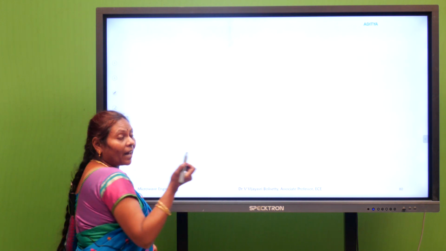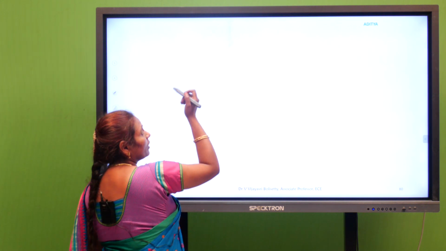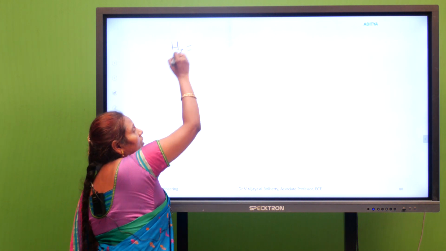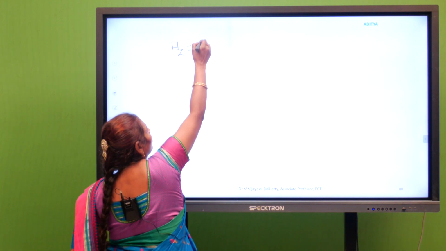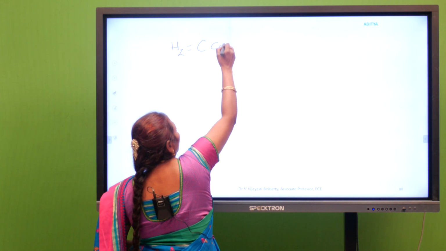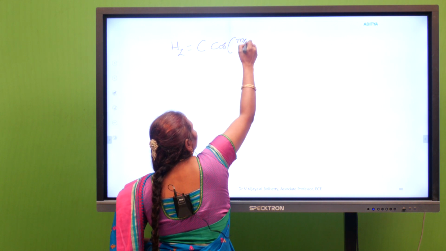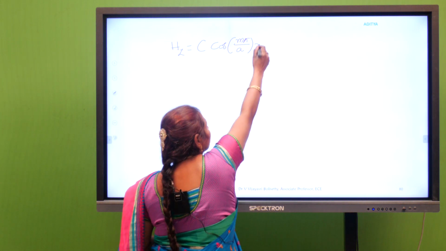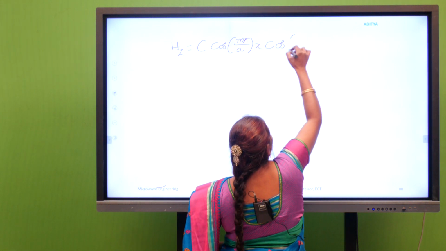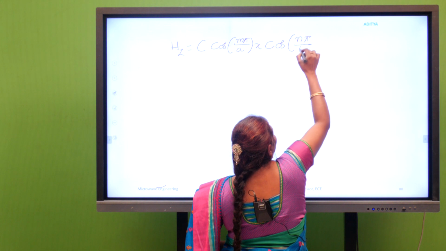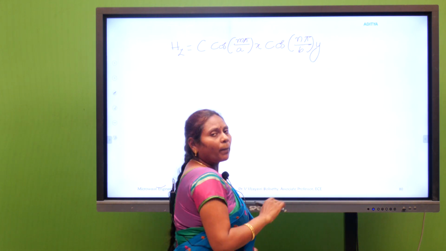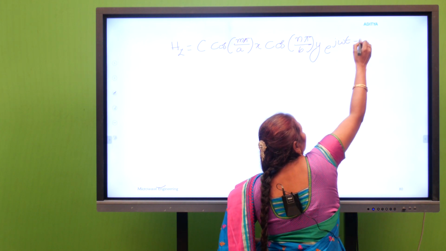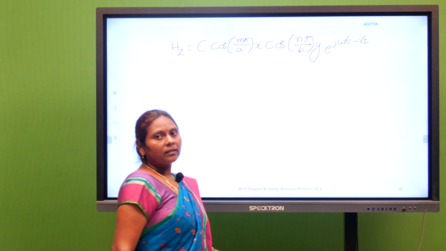Let me first write, for our reference, the TE equation. The TE equation is Hz is equal to some constant cos(m pi by a x) cos(n pi by b y) e power j omega t minus gamma z.